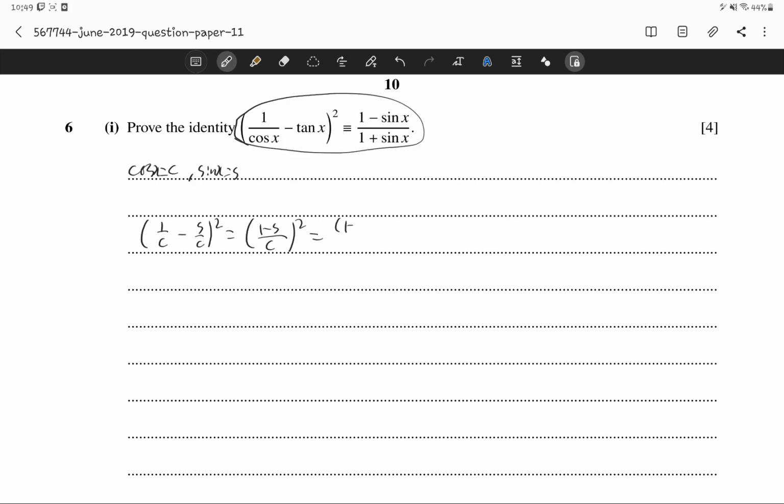This is 1 minus s times 1 minus s divided by c squared. And what is c squared? No, wait. S squared plus c squared equals 1, right? So this is 1 minus s squared. So c squared equals 1 minus s squared. And so 1 minus s, 1 plus s, 1 minus s, 1 minus s. So both of these are gone. And this one is the same as this.